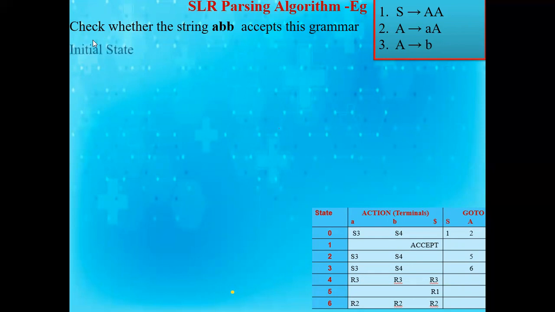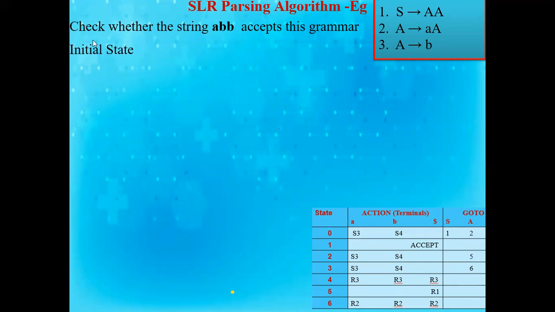Anyway, this algorithm has three things: the stack, the input buffer, and an action. The action will be one of four: a shift action, a reduce action, an accept action, or an error action. So what is the initial state of everything?